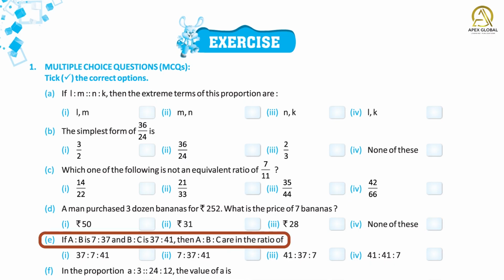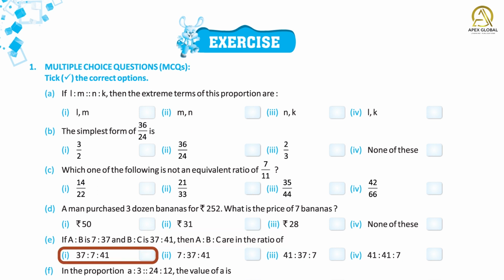E. If A ratio B is 7 ratio 37 and B ratio C is 37 ratio 41, then A ratio B ratio C are in the same ratio of: first 37 ratio 7 ratio 41, second 7 ratio 37 ratio 41, third 41 ratio 37 ratio 7, fourth 41 ratio 41 ratio 7.